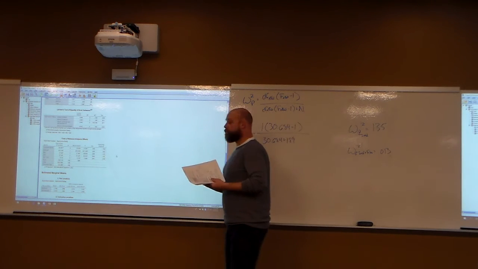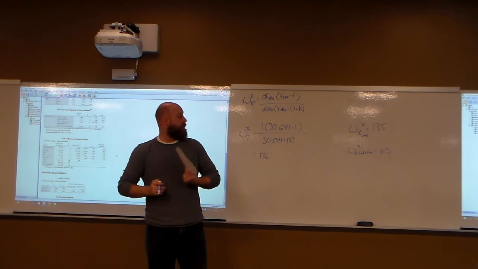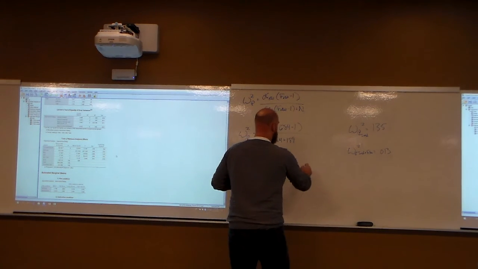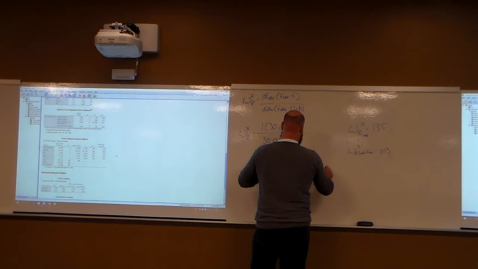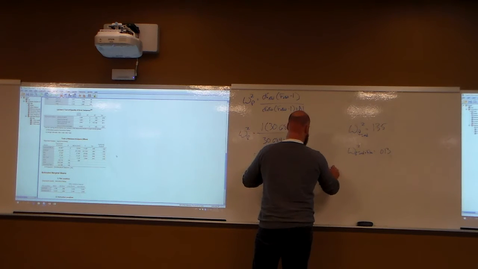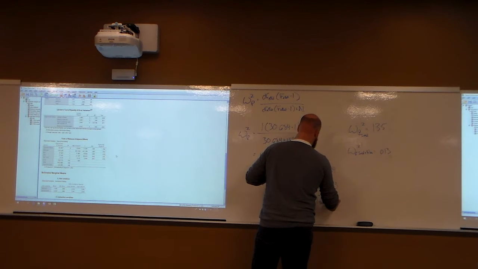Okay. And then if we go through, we could calculate just basic eta squared for film, 0.124, 0.123, expression going to be 0.014.